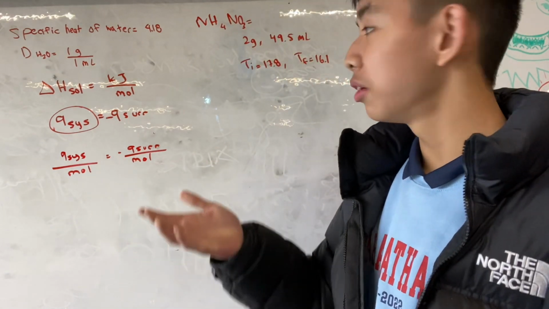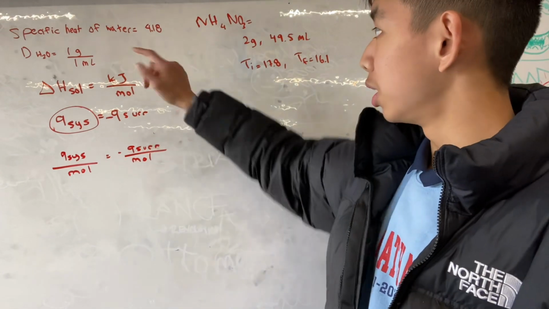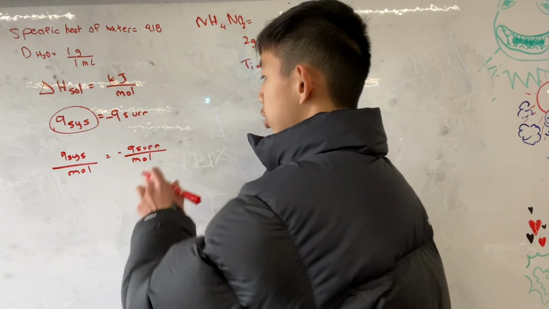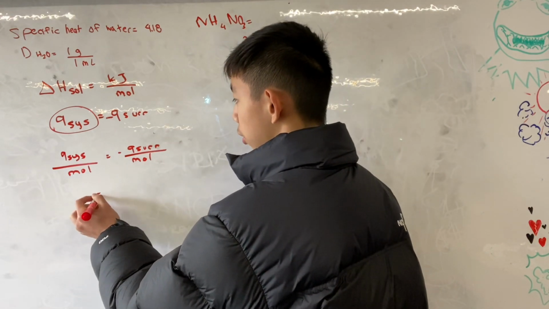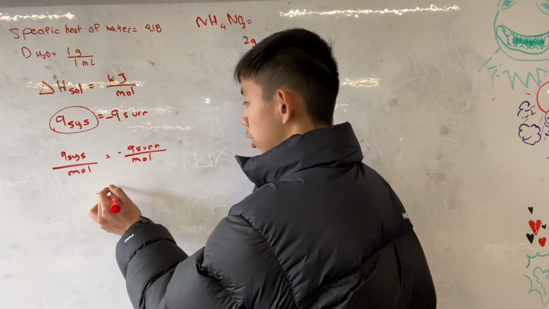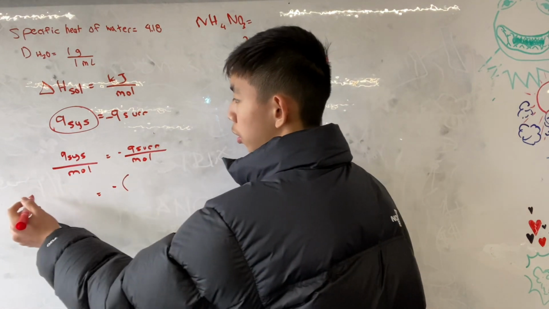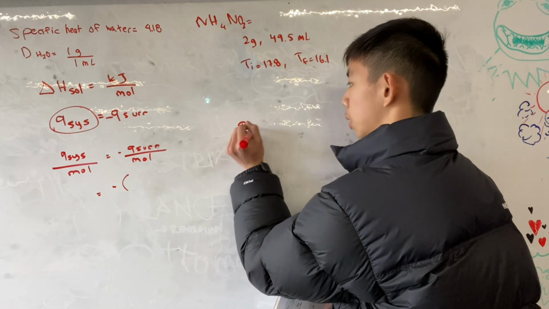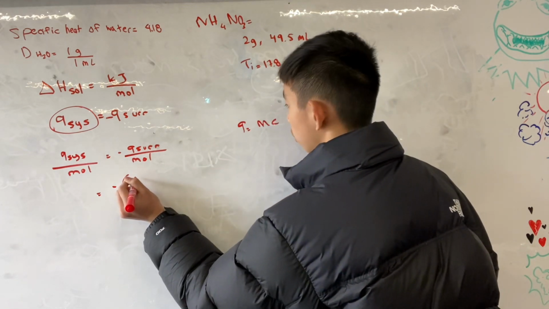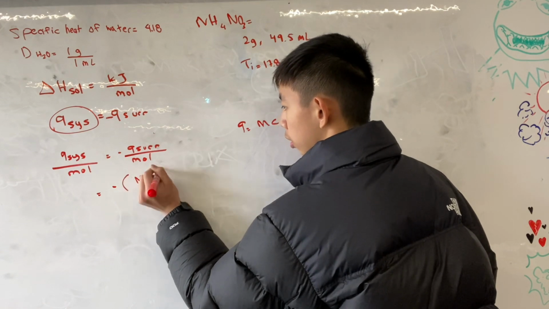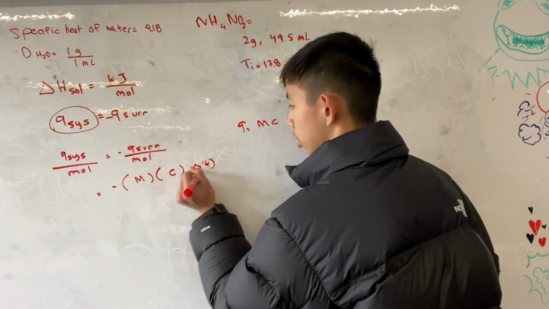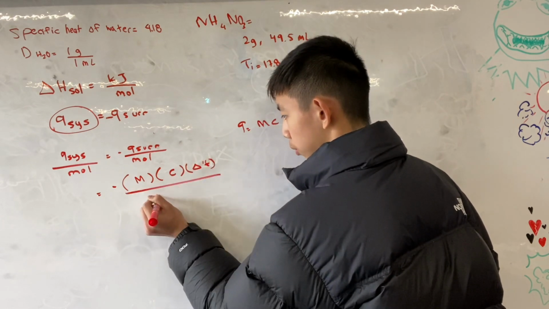Because it says molar heat, molar heat is anything over moles, and so you're gonna expand the surroundings. It's gonna be negative. Remember Q equals MC delta T. It's gonna be M C and then delta T, all over moles.